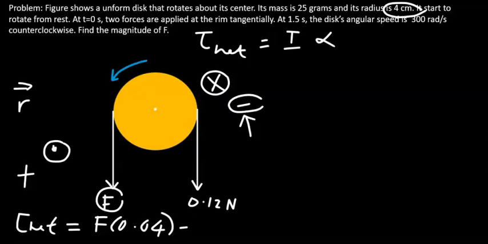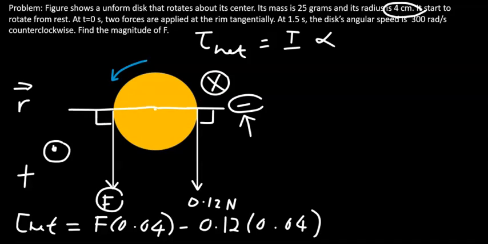The force is 0.12, and the moment arm is the same as the radius of the wheel, 0.04. Note the angle between the moment arm and this force is 90 degrees, so sine 90 is 1. So 1 pretty much appears there, so we don't have to explicitly write it out. So this net torque is the left-hand side of this equation.